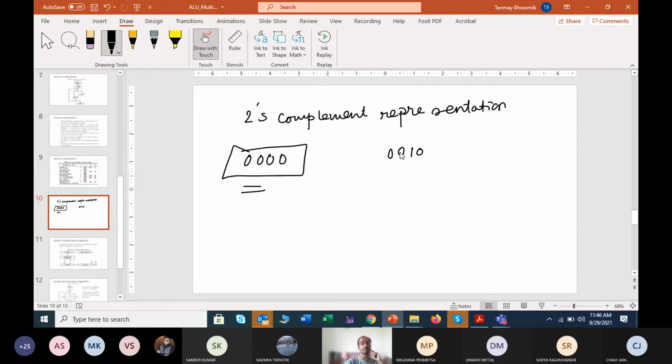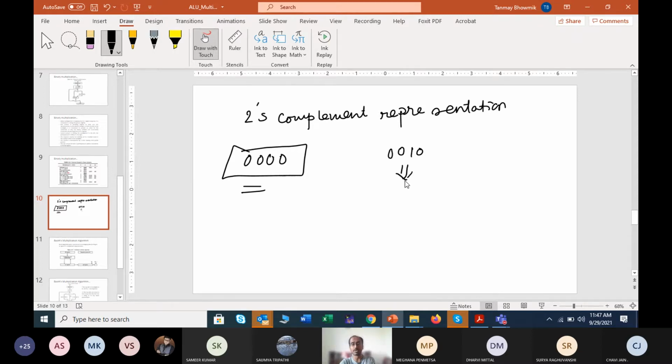And how will you compute the 2's complement? There are two processes actually. We can reverse the bits and then add 1. Or we can start from the right-hand side and check whether any 1 is coming. Up to the point where the first 1 comes, we keep the same bits, and then we reverse the remaining bits, right?